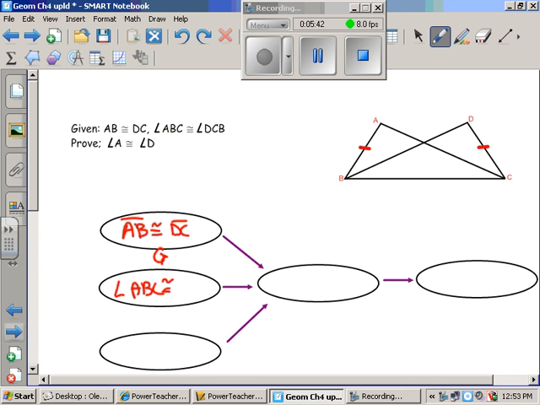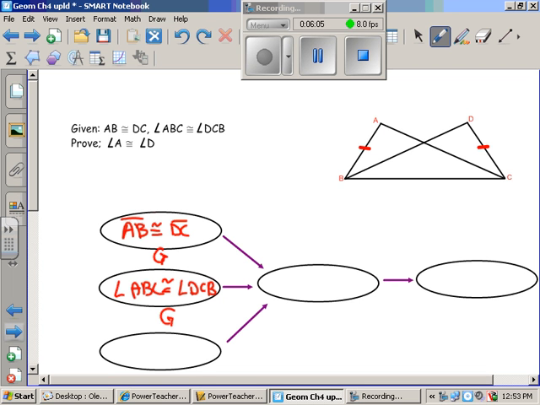Okay. And then I run out of givens, so can we come up with one other thing? Do we know angle A is congruent to angle B? Hope not, because that's what we're trying to prove, so it would be a waste of time. That would go in the middle bubble. Well, yeah, no, the A and D will go in the last bubble.